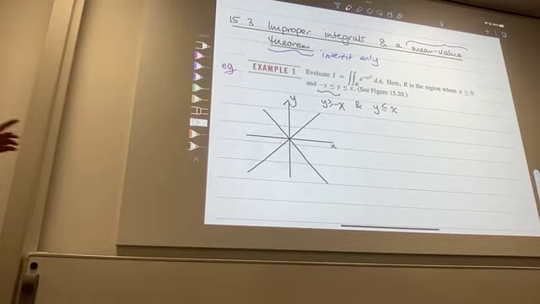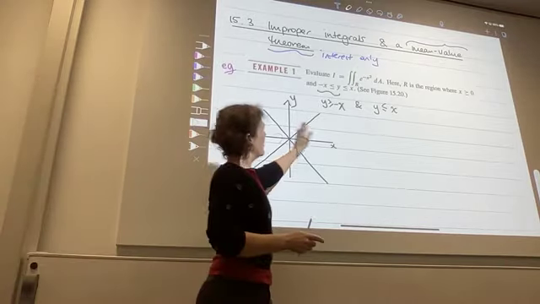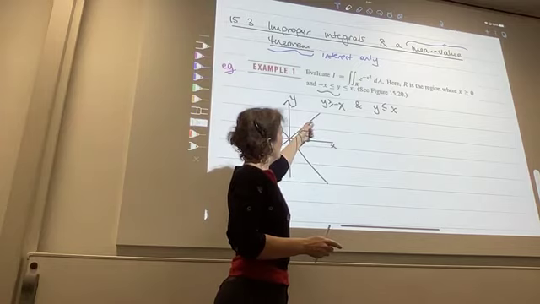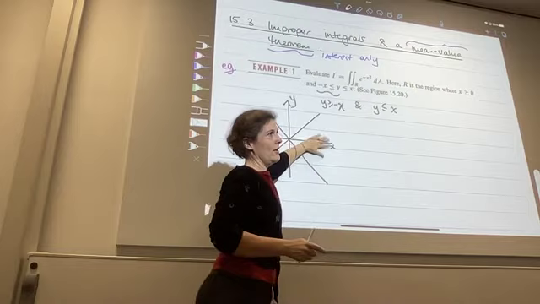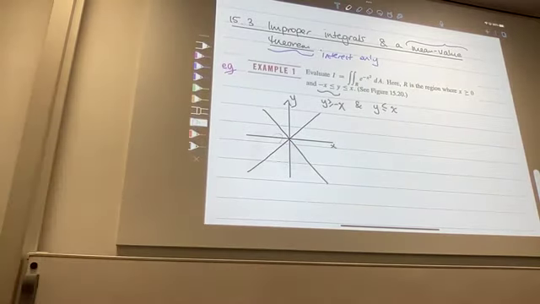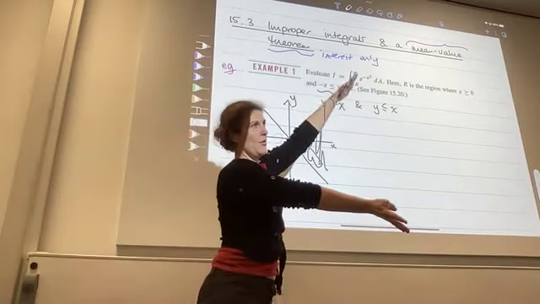So we want the region where x is bigger than 0 and y is greater than minus x, so up here, and less than x. So this is our region here, and it's the region that just keeps getting bigger and bigger.